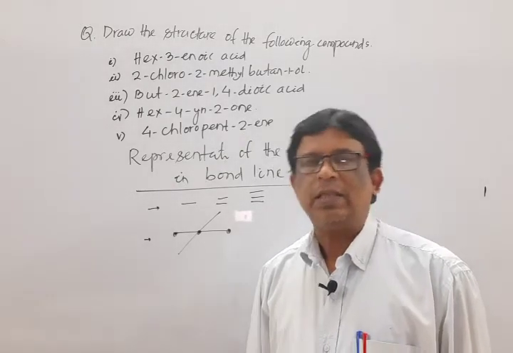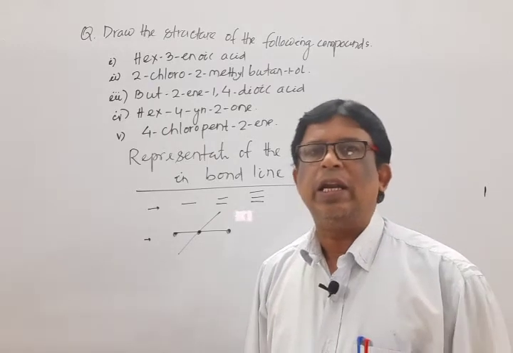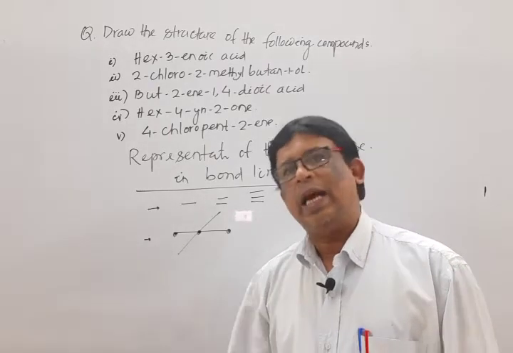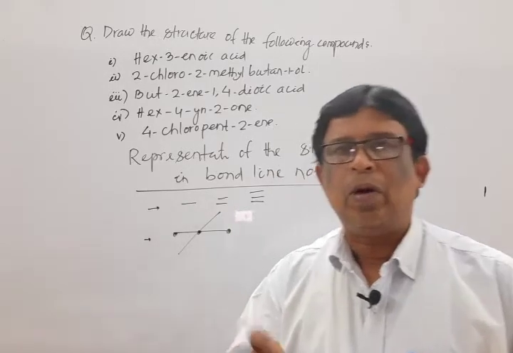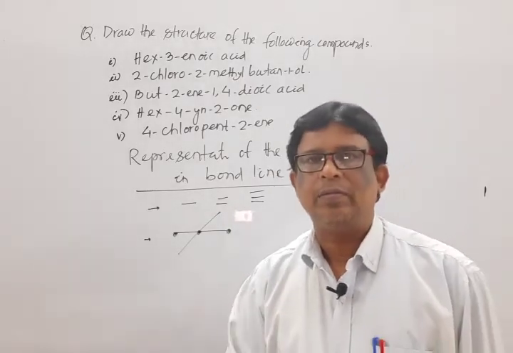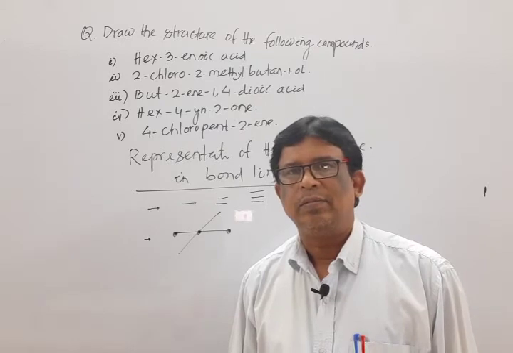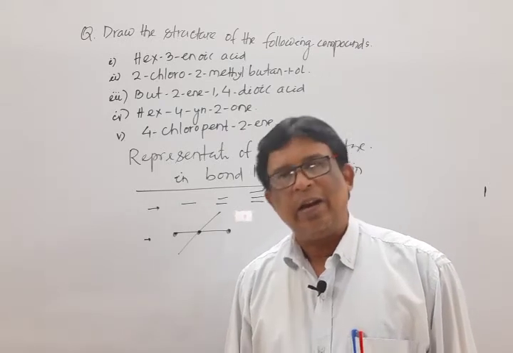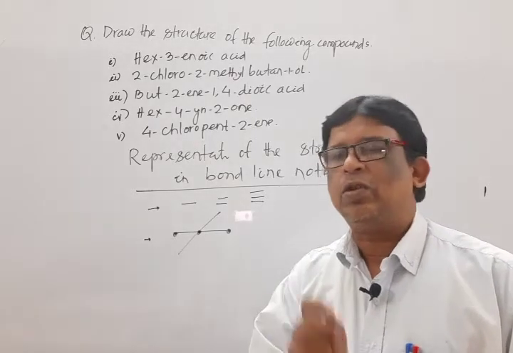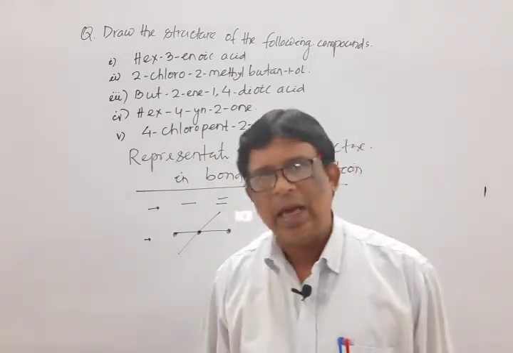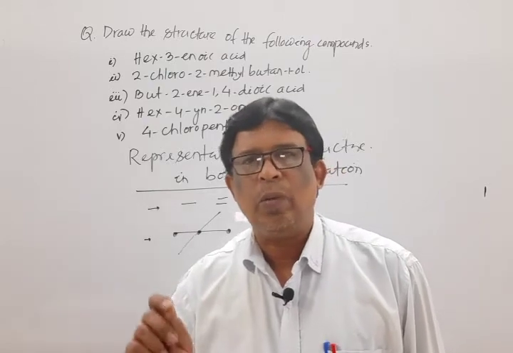Next, any substituent or functional group is assigned at its appropriate position with a symbolic form or some abbreviation. And hydrogen atoms are not necessary to represent, but they are there to satisfy the tetra covalency.